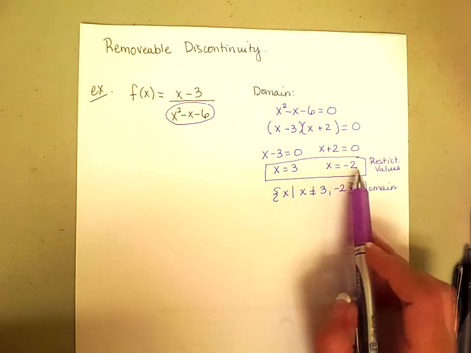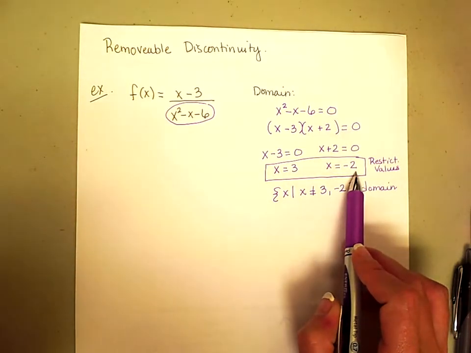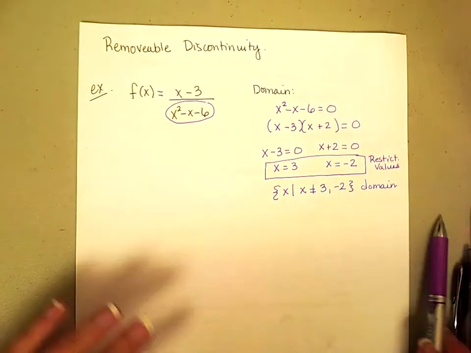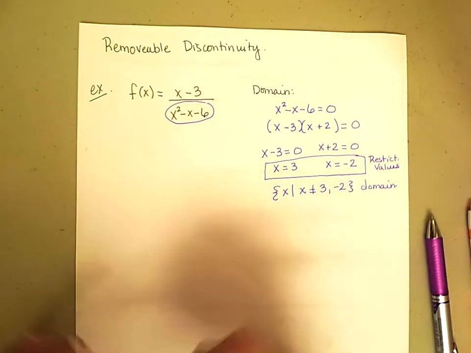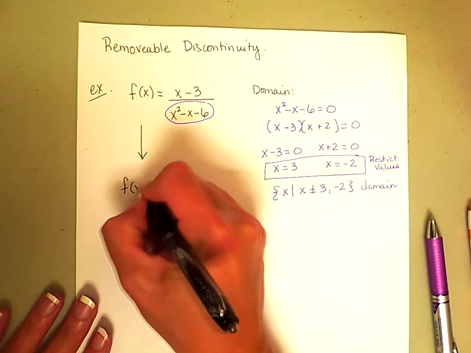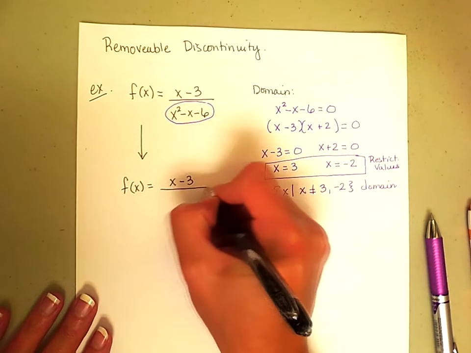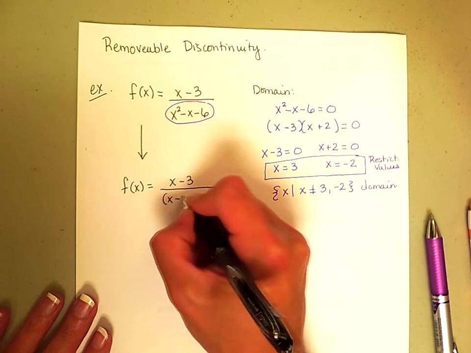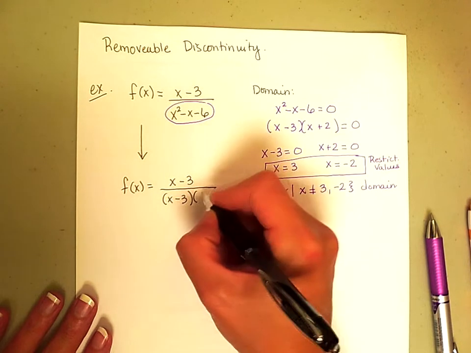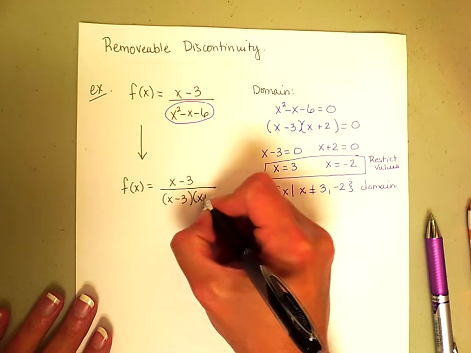I say these now are restricted values as opposed to horizontal or vertical asymptotes because of this. Let me write f of x in its factored form. So f of x is equal to (x minus 3) over (x minus 3)(x plus 2).